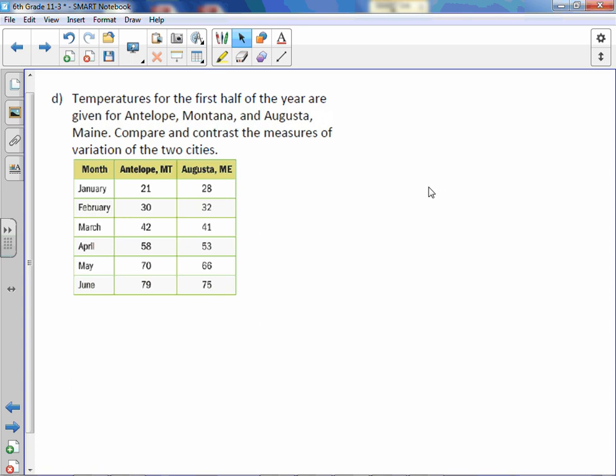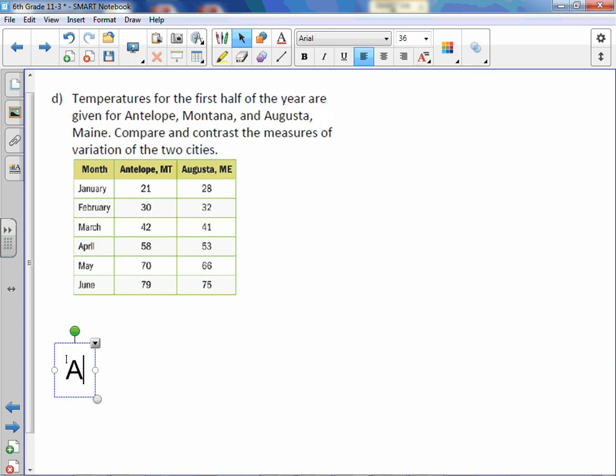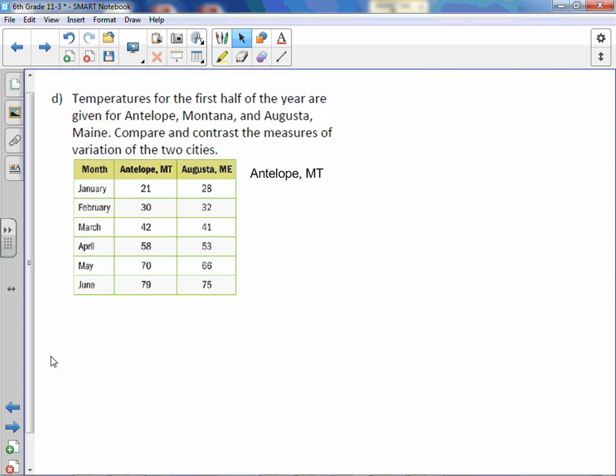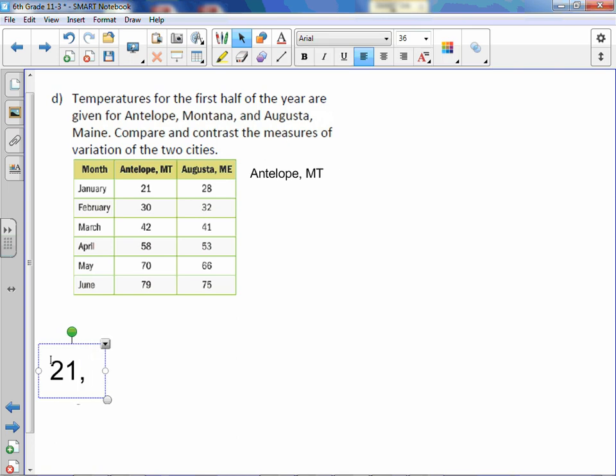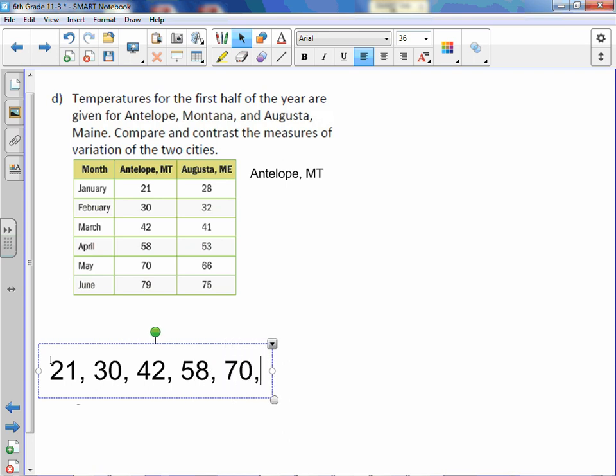So let's go ahead and order them for Antelope, Montana. I'm just going to write them left and right as opposed to up and down. Okay, so I'll just read down the list. 21, 30, 42, 58, 70, and 79.